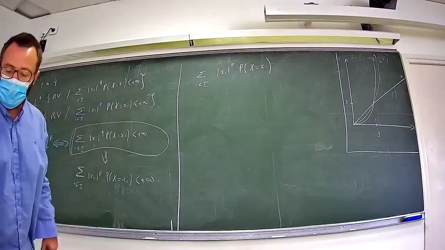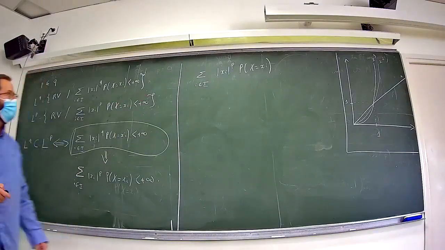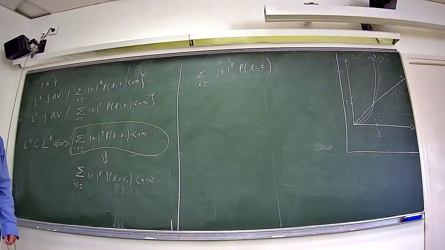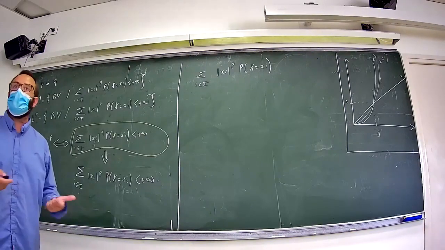Now, and that's why I have done this picture, I have a priori a little problem, because if I want to compare this quantity with this one, I have to compare the absolute value of xi to the power p and the absolute value of xi to the power q. And in my little picture, it depends. It's not always the same thing.